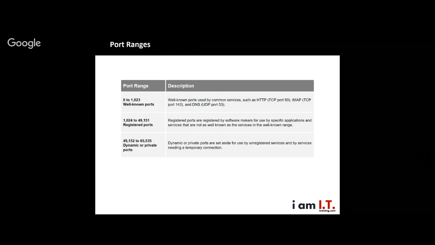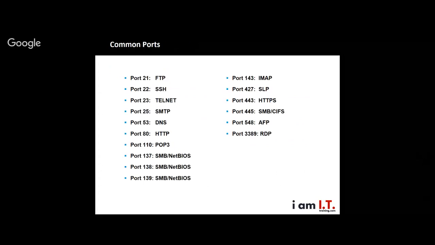Some of the more popular games that we play have specific ports in this range. Now, the dynamic or private ports are set aside for unregistered services. And if you ever need a temporary connection or a temporary port number assigned, you'll get one from this range. And that range starts at 49,152 and goes all the way up to 65,535.